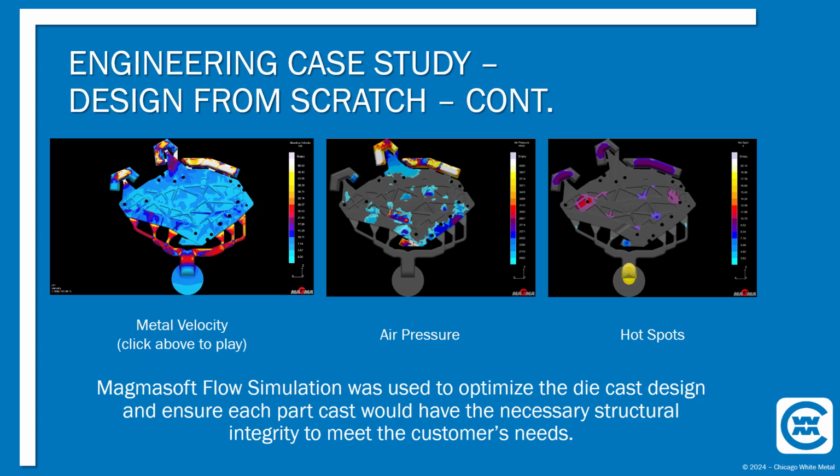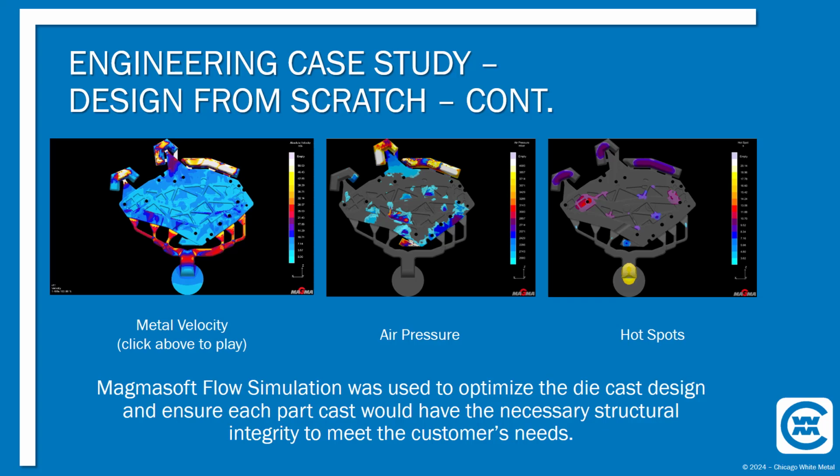Some of the things that the software shows us is air pressure. So it's an indicator of how much pressure is inside the part, and we can identify any areas of concern or any areas that we feel like we should go back to the design and see if we can adjust to make it better. Also, it shows us some hot spots. So you can see there were a few areas in here where it would be hotter than others from a cooling standpoint when the part solidifies.